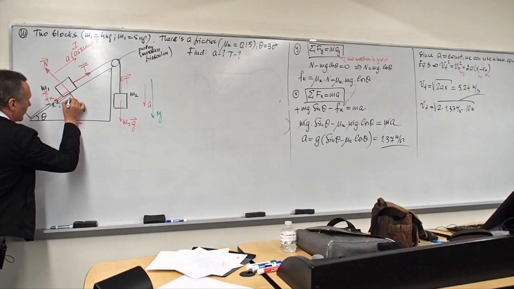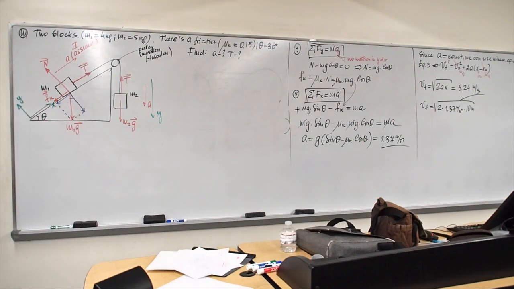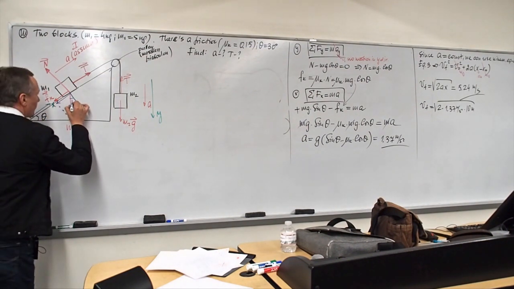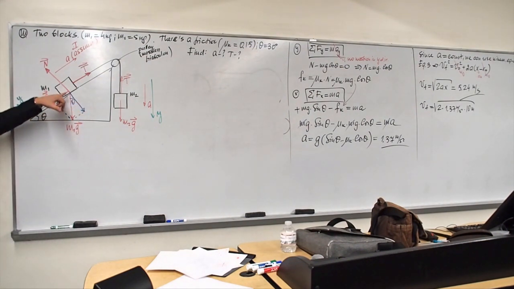What's the value of this angle? What's the value of that angle? It's theta, 30. So again, the same arguments. First this triangle, this will be 90 minus theta, and then it complements to 90 degrees, that's theta.